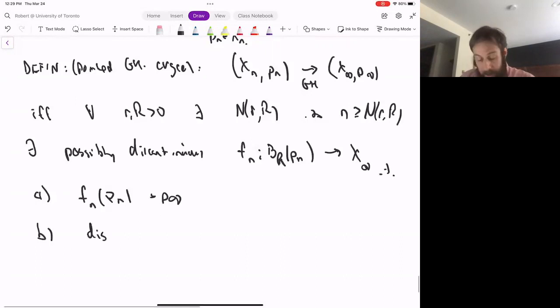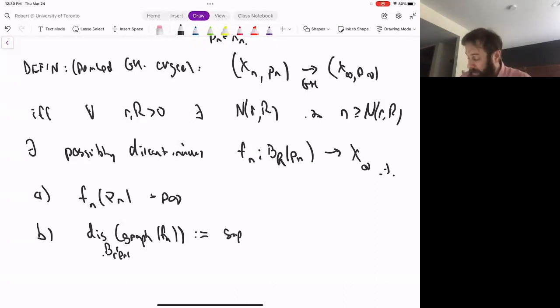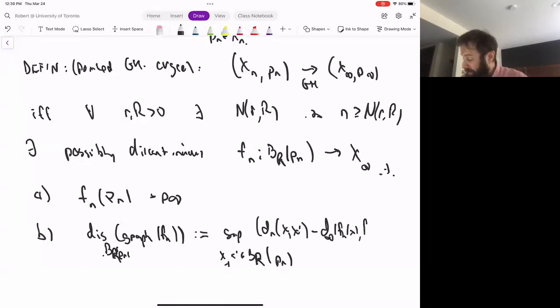Secondly, the distortion of the graph of f_n, limited to the ball of radius R around p_n, so in other words, it's the supremum over x and x prime in the ball of radius capital R around p_n of the distortion of distances, |d_n(x, x') - d_infinity(f_n(x), f_n(x'))|, is less than the little variable r.